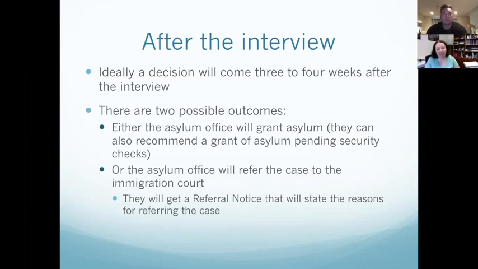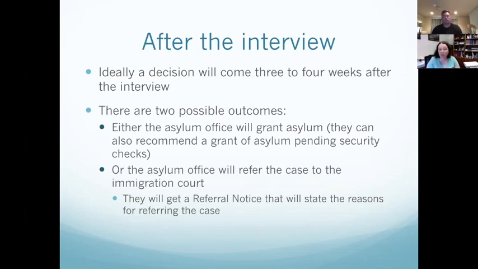The reason that cases are referred to immigration court is usually if the person is out of status, and their asylum application has essentially been denied by the asylum office, but because they're out of status and they know that they can renew their application in front of the asylum judge, they're referring their case to the immigration court. And they will state in the referral notice the reasons that they're referring the case to the immigration court. So those are kind of the reasons they're denying.